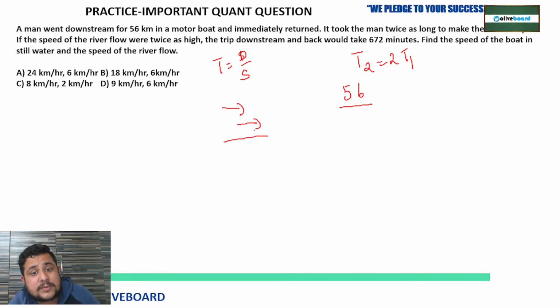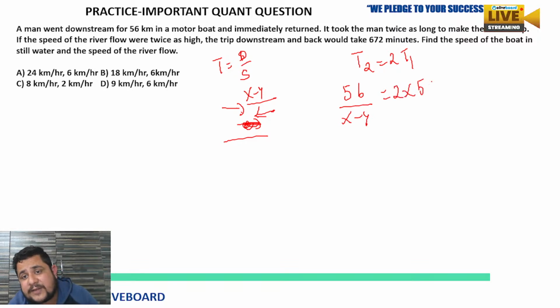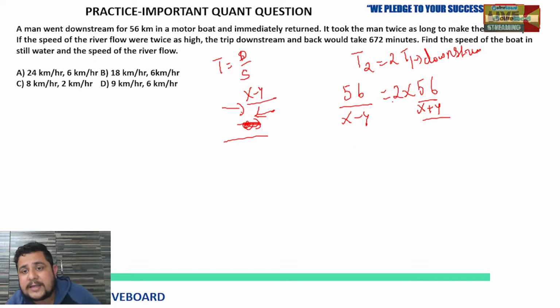In upstream, against the flow of water, the speed will be x minus y. So 56 upon x minus y is equal to 2 multiplied by 56 upon x plus y, because this T1 is for downstream flow, where the relative speed is the sum of the boat speed and stream speed.